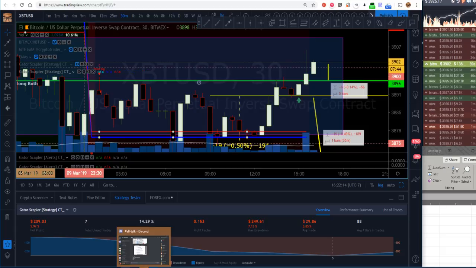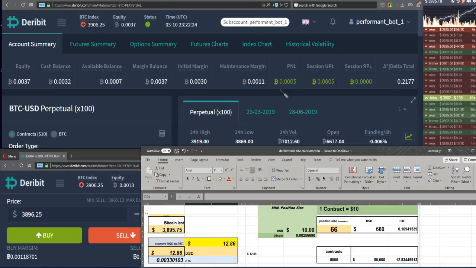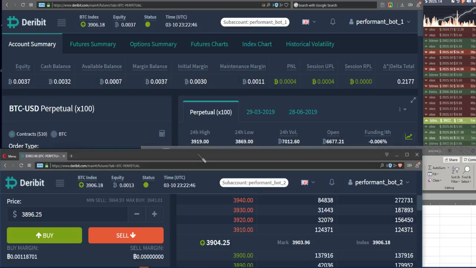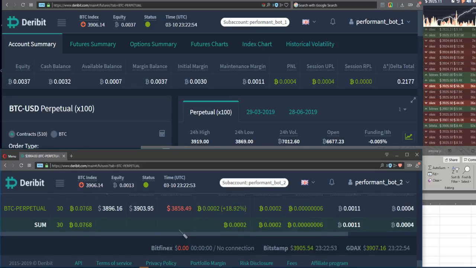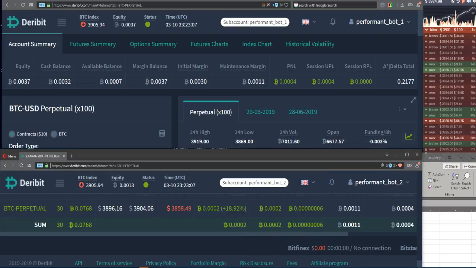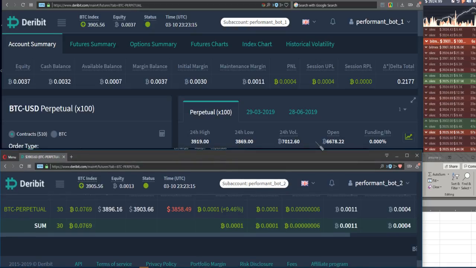What's the price on the Ribbit? 39.06. Okay, we're still up there. $39.05.